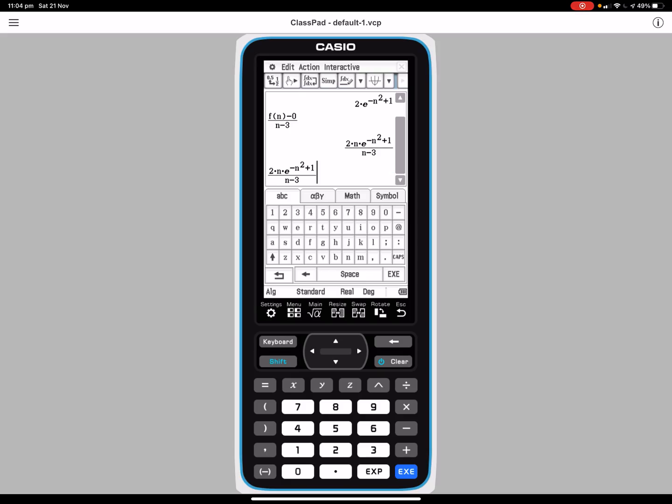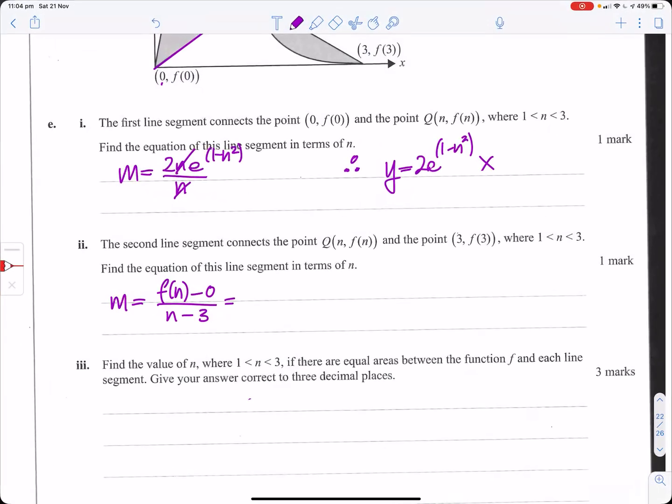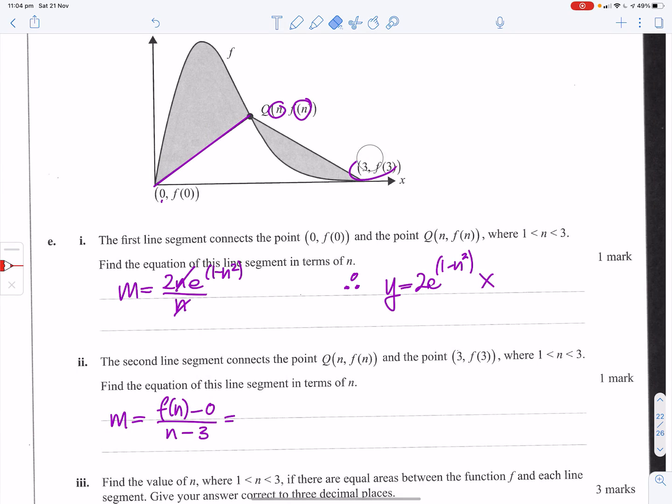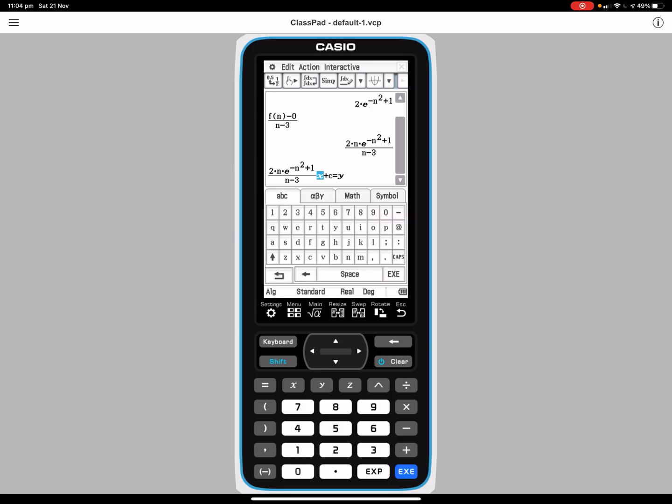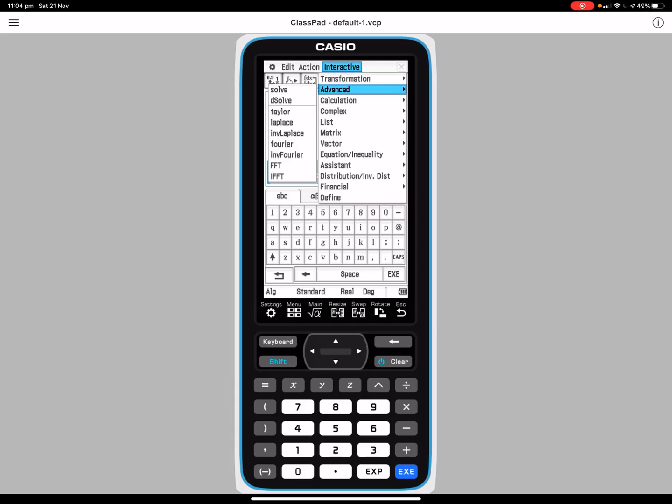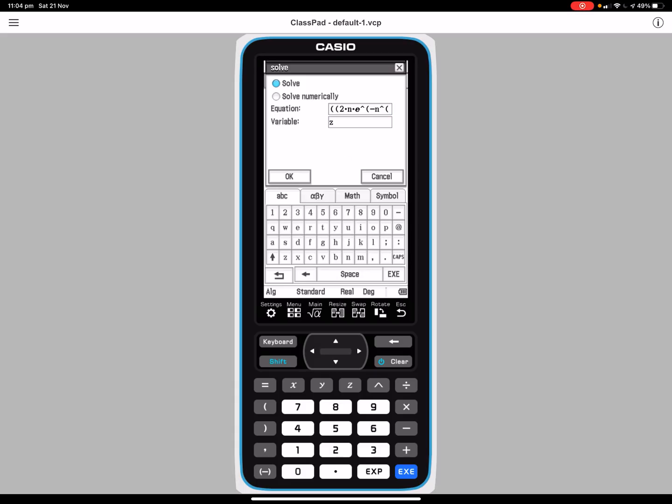And we know that times x plus c is equal to y. If we want to find the equation of the line, we know it passes through 3, 0. So we can let x equal 3, y equals 0, and then we can solve for c, because we need the x and the y-intercept.